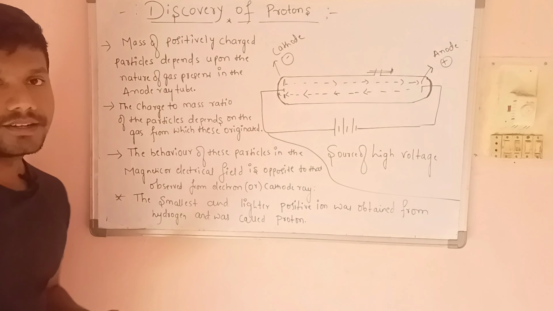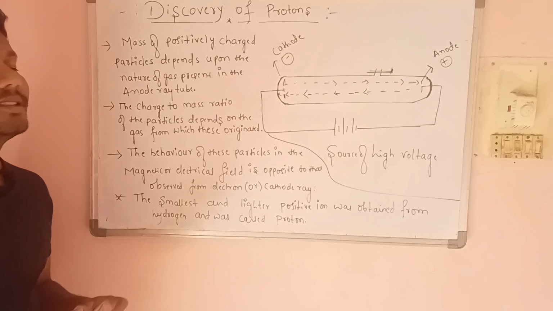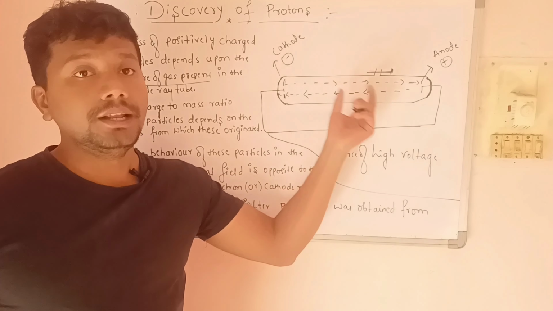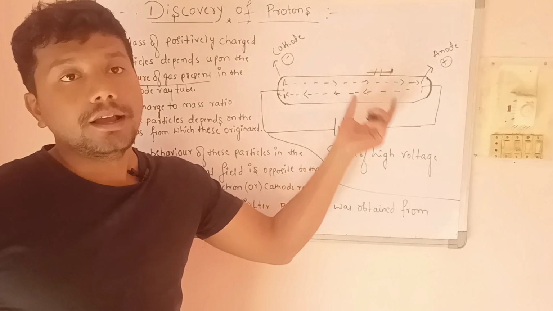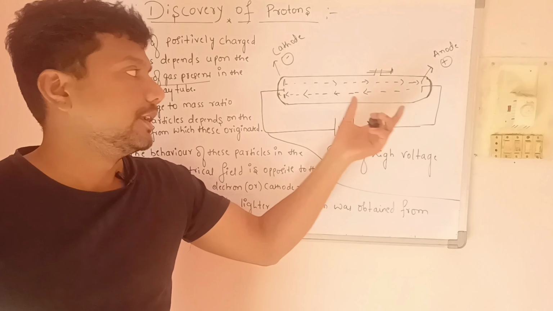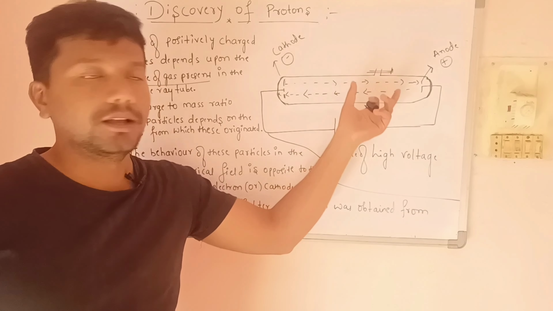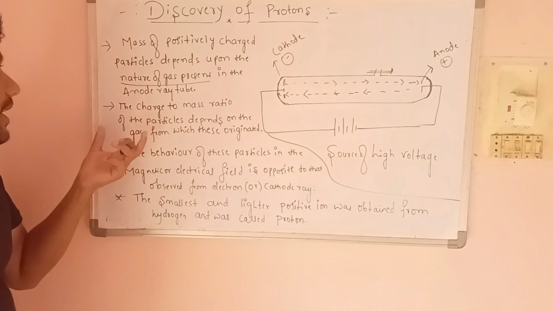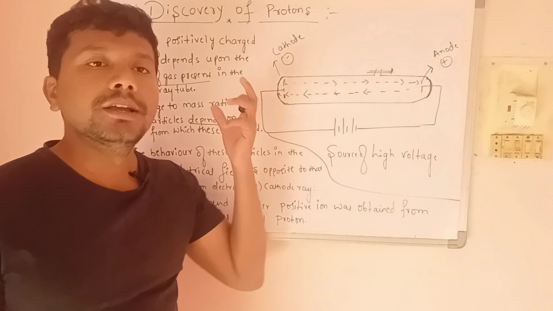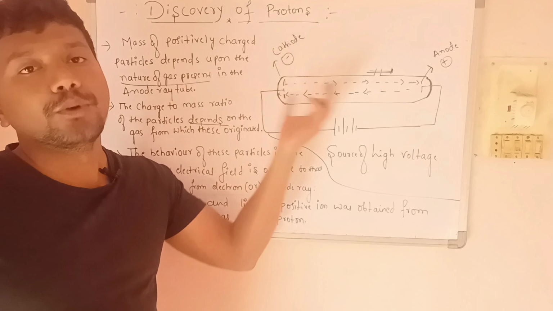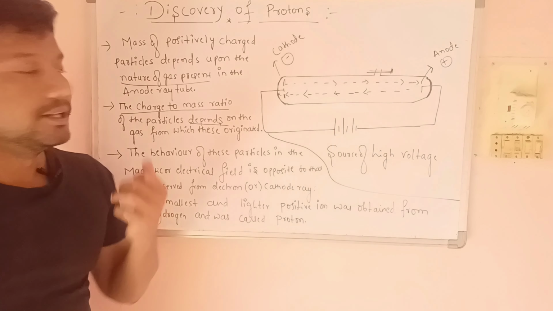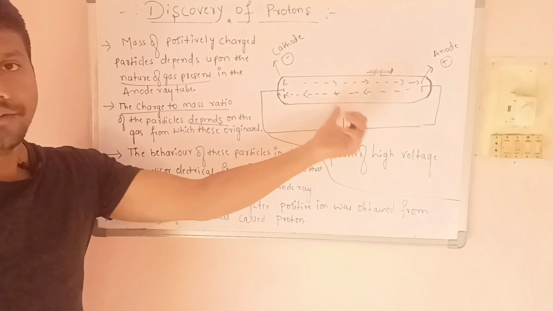First, the mass of the positively charged particles depends upon the nature of the gas present in the tube. Second, the charge to mass ratio of the particles also depends on the gas from which they originate.